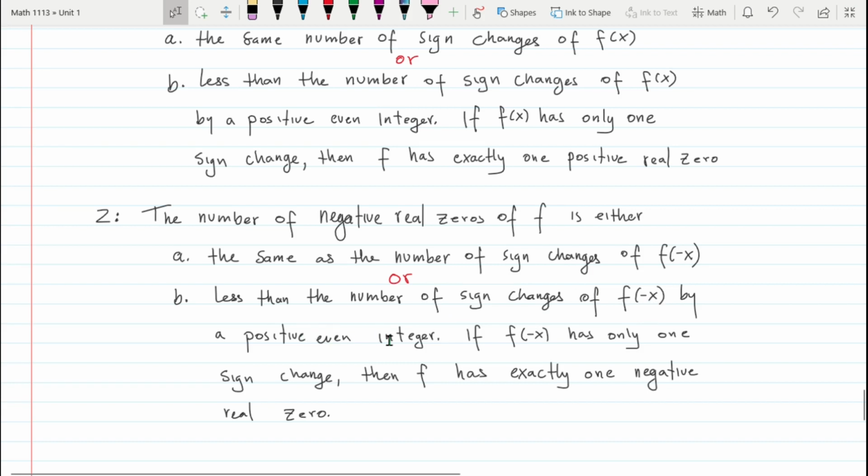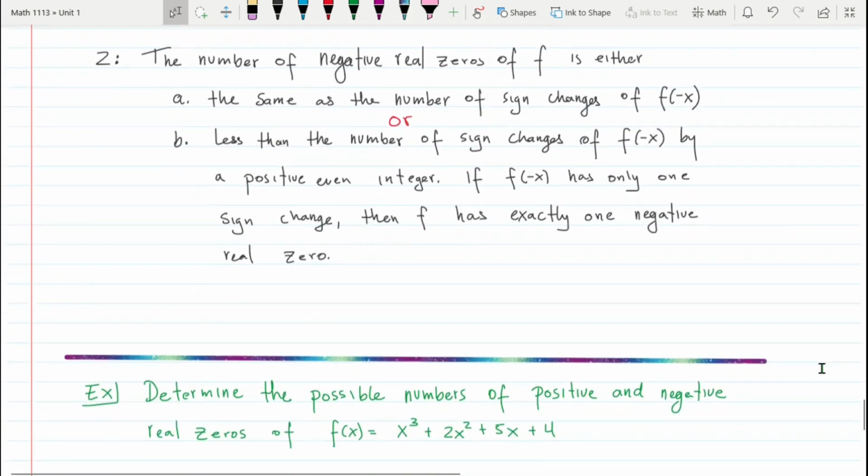So you have to take away a positive even integer from the previous number that you found to determine the different cases. Obviously, same as before, the function f has exactly one negative real zero if and only if you only found one sign change. So it's very complicated reading the definition, so let's do an example and flesh it out.